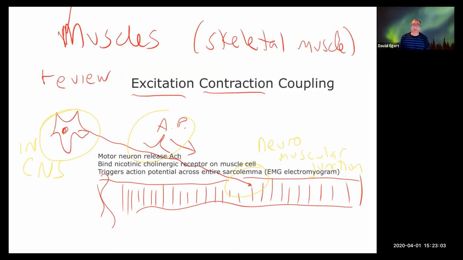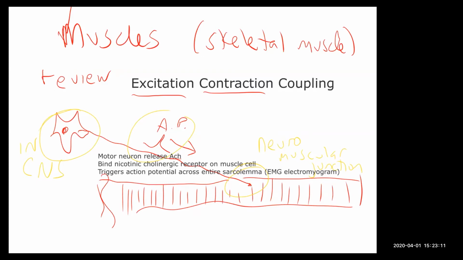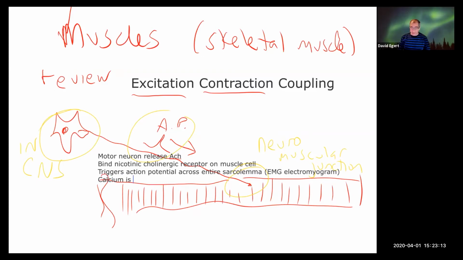So what happens next? Electrical excitation spreads across the entire cell, and that triggers what inside the cell? Calcium to be released. Exactly. Calcium is released from the sarcoplasmic reticulum. And what does that calcium do once it's loose in the cell?